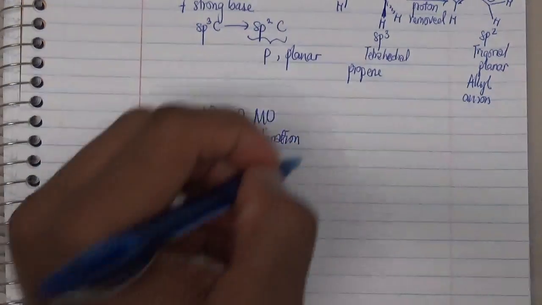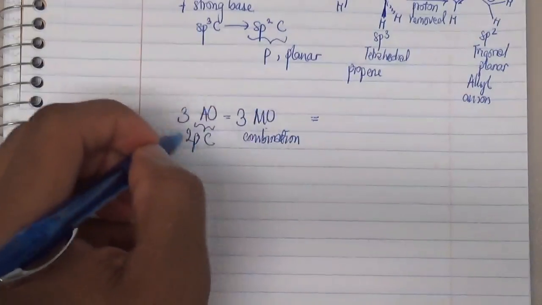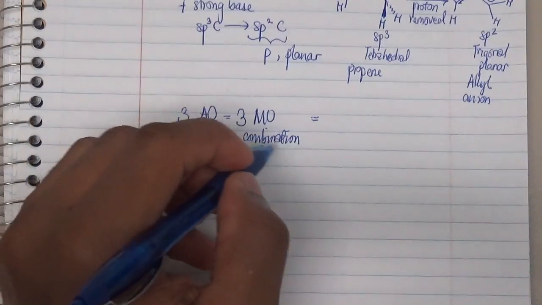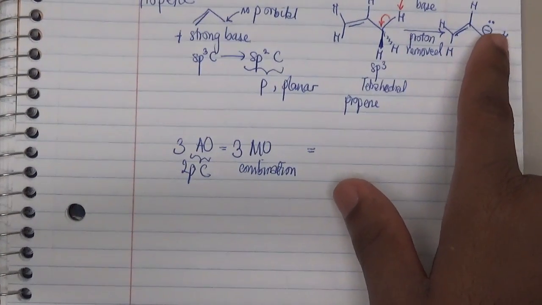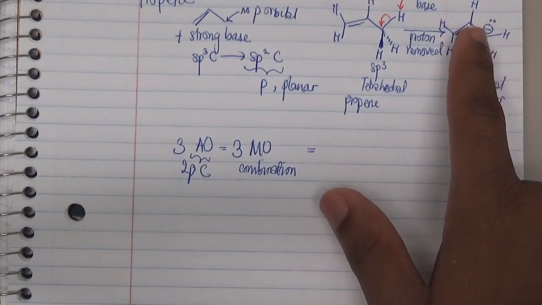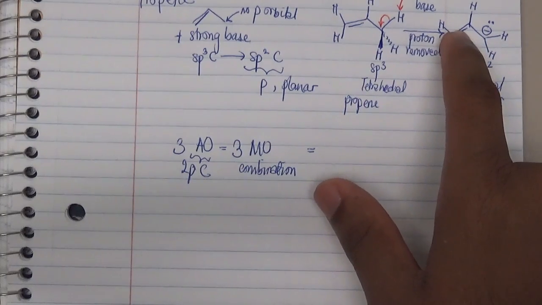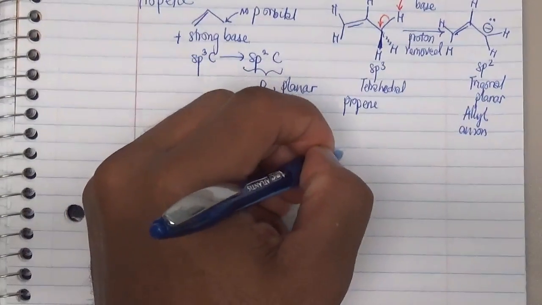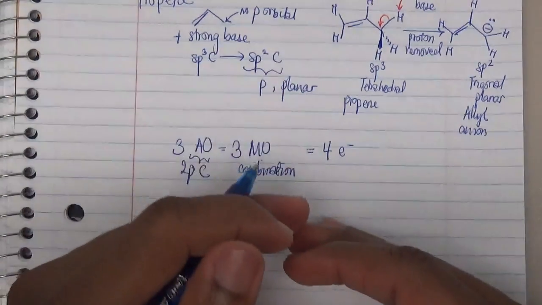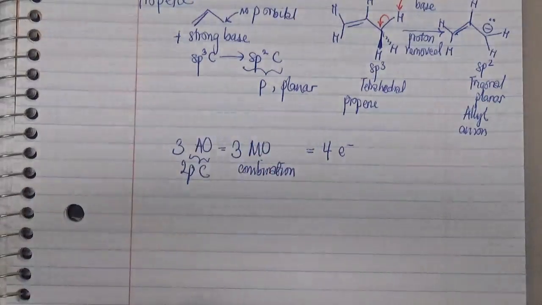However, since we have the deprotonation of a hydrogen, which leads to the donation of 2 electrons to the initial 2 electrons present in the p orbital system, we're going to have 4 electrons to be distributed within these 3 molecular orbitals.